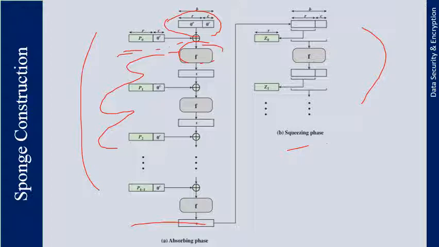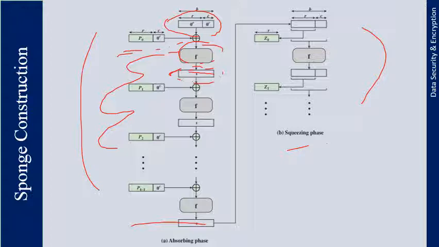Then the output of f is the value of s for the next iteration. If the desired output length is satisfied, then that completes the absorbing phase, and the first bits of s are returned as the sponge construction termination.